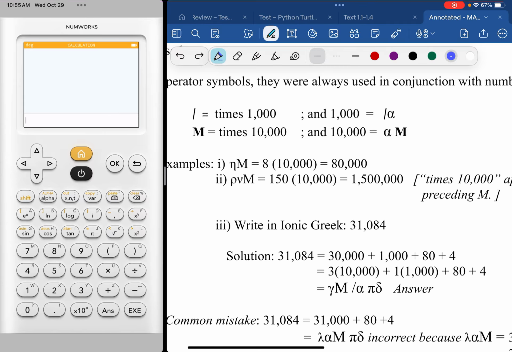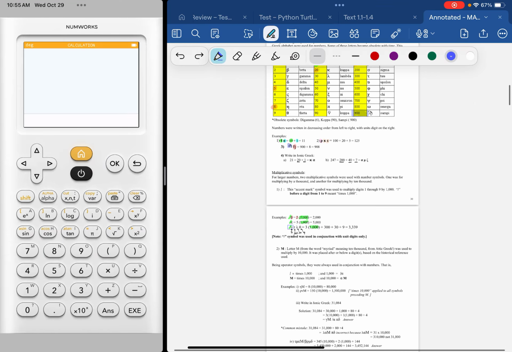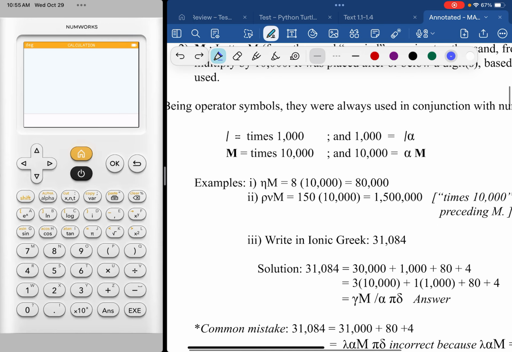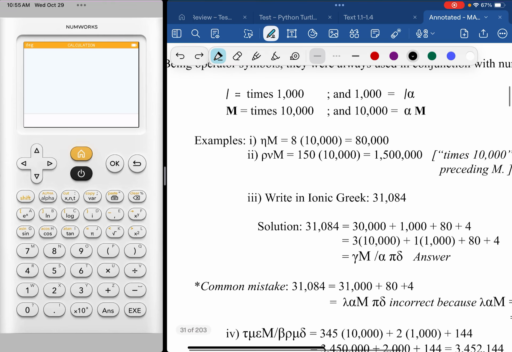Now, the rho followed by the nu. I lost my place there. So this rho is 100. The nu is 50. 100 plus 50 is 150.